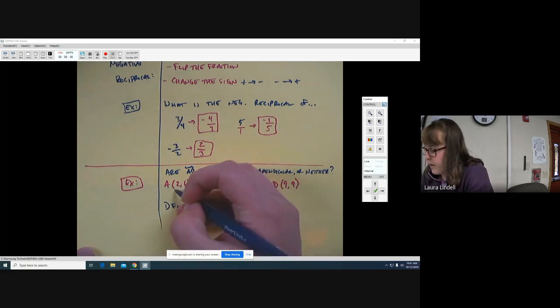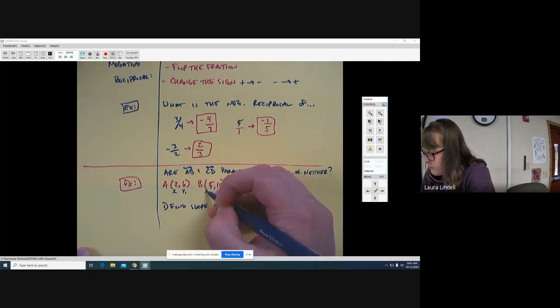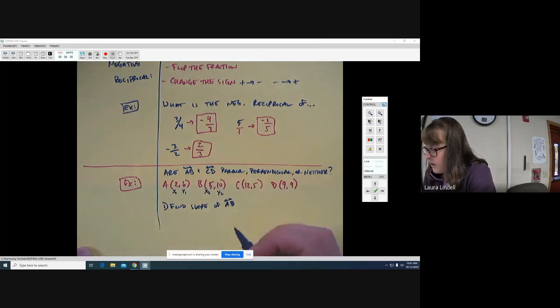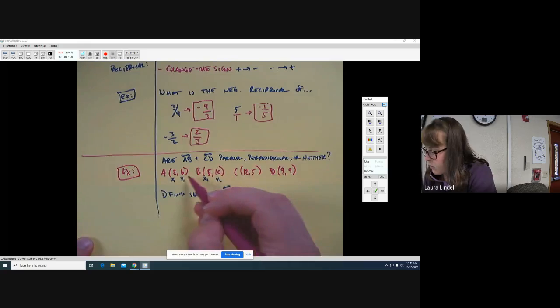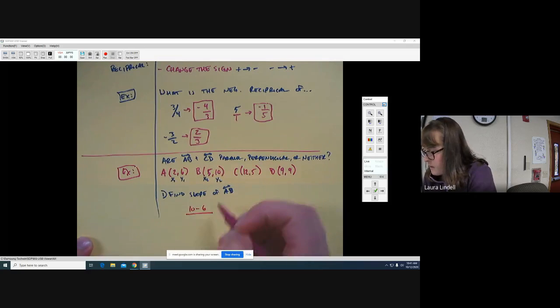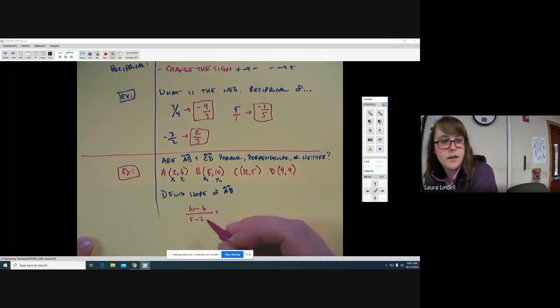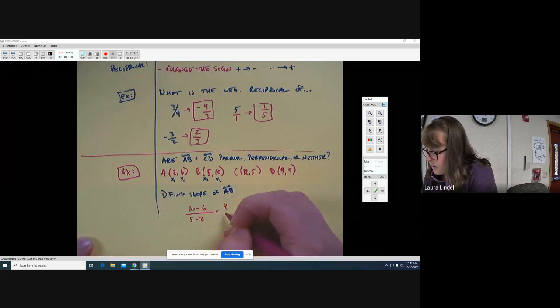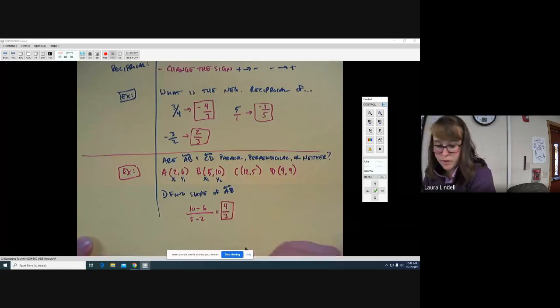So we have x1, y1, x2, y2. So we're going y2 minus y1 on the top, so 10 minus 6. x2 minus x1 on the bottom, so 5 minus 2. 10 minus 6 is 4. 5 minus 2 is 3. So our slope of AB is 4/3.